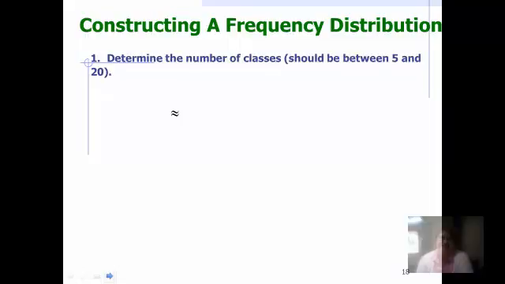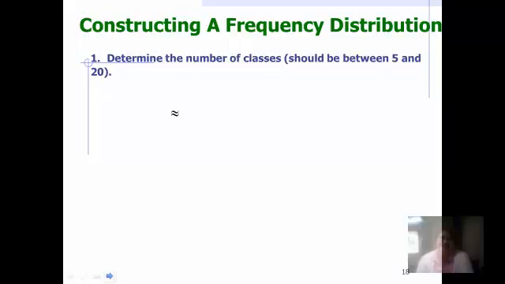Now, when we're going to do a frequency distribution, we want to determine the number of classes, and it should be somewhere between 5 and 20. Now, how do we do that? Well, sometimes you just decide, and it makes it important.